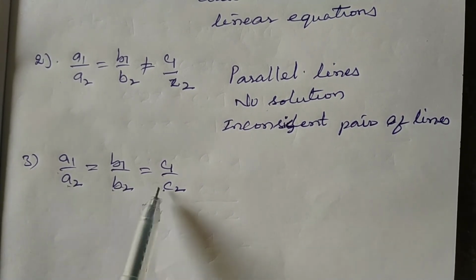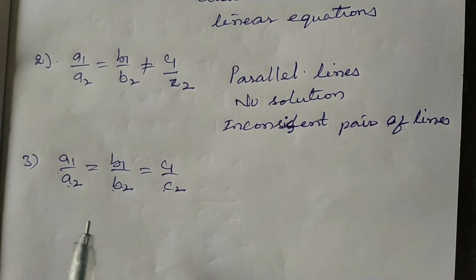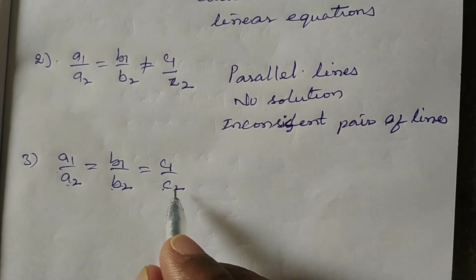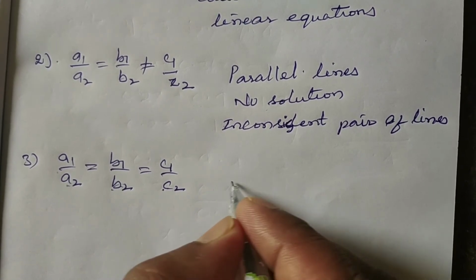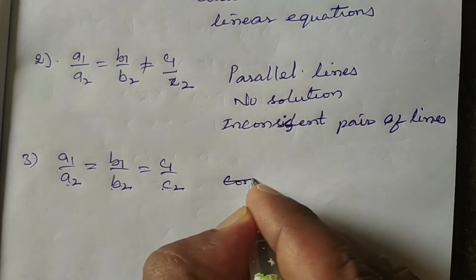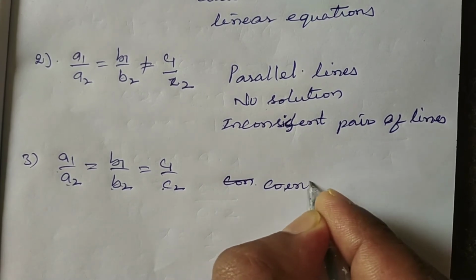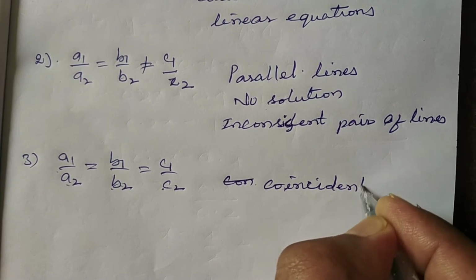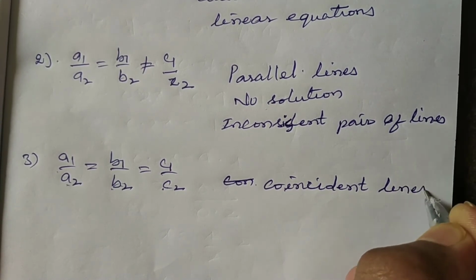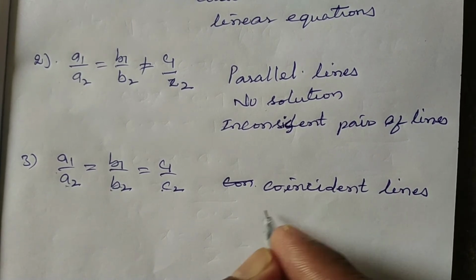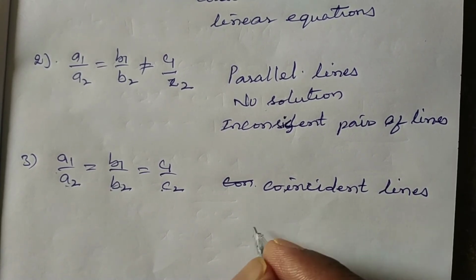When the three ratios are equal, the lines are coincident lines, and they have infinitely many solutions.